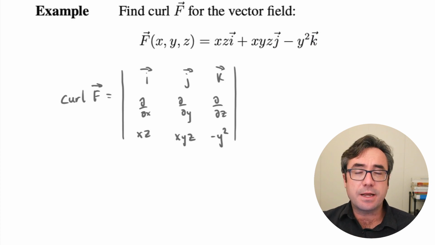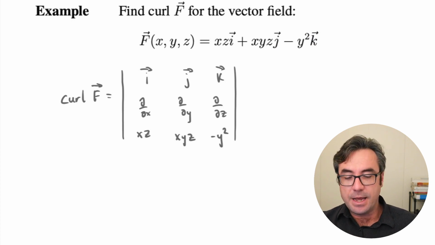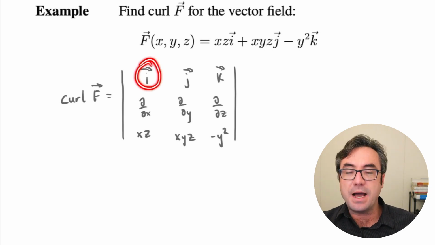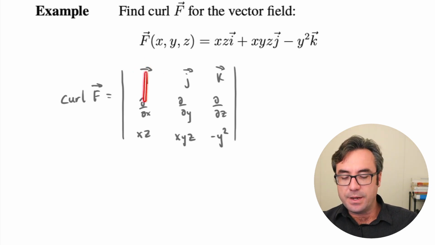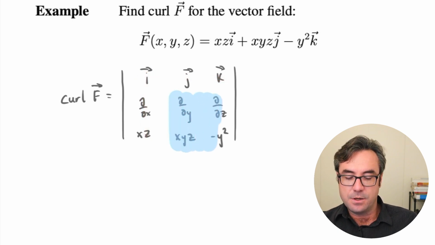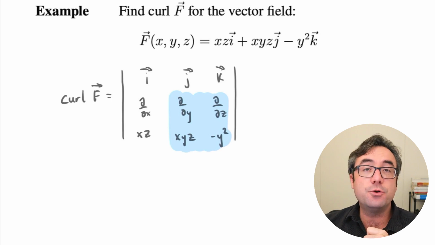All right, so now we want to calculate this determinant. And so to start off, we want the i component. So we eliminate the first column and the first row, and what we do is we look at the determinant of this 2x2 matrix.